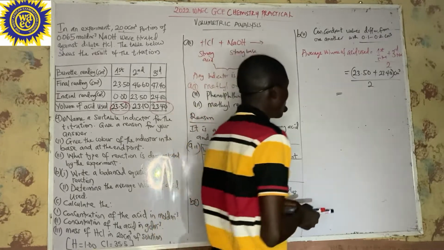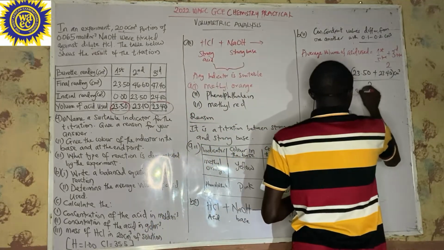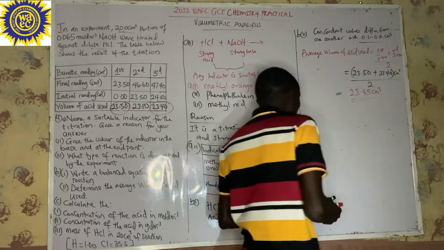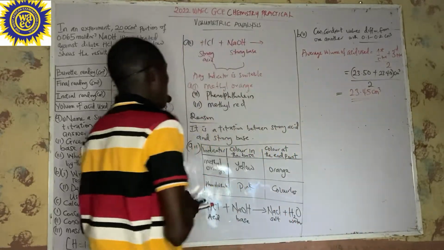So you have 23.45 centimeter cube. So that's that about that.